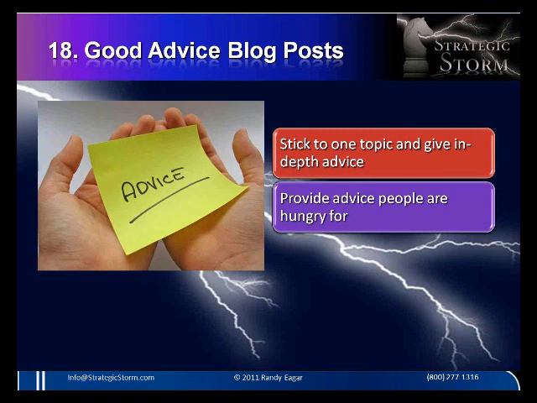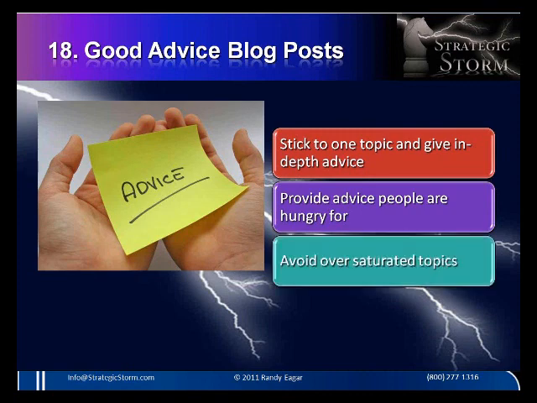Much of what once had a high price tag from many of these resources is now free. Avoid oversaturated topics and try to work out what your audience wants to do but doesn't yet know how. A good advice post can bring you a lot of success.